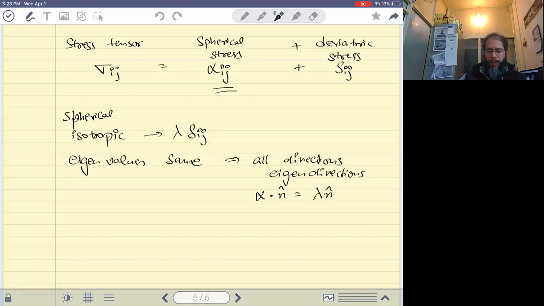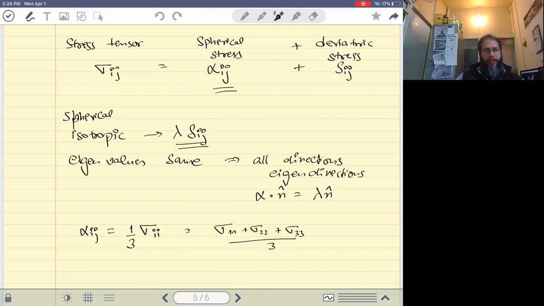So the spherical part of sigma is defined as, now you can see that it's defined as some constant times delta ij. In this case, we define it as 1/3 of sigma m, 1/3 of the trace of sigma. Okay, so remember that the trace of sigma is invariant.